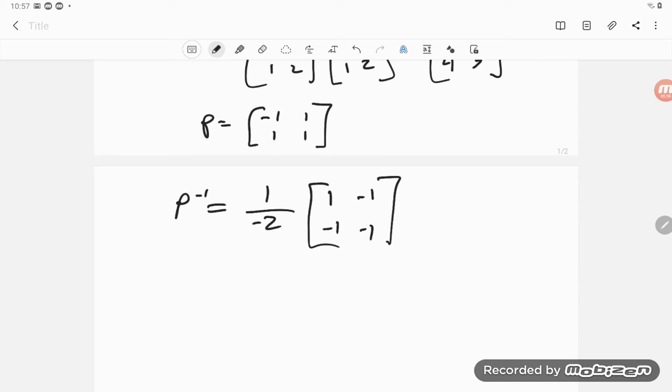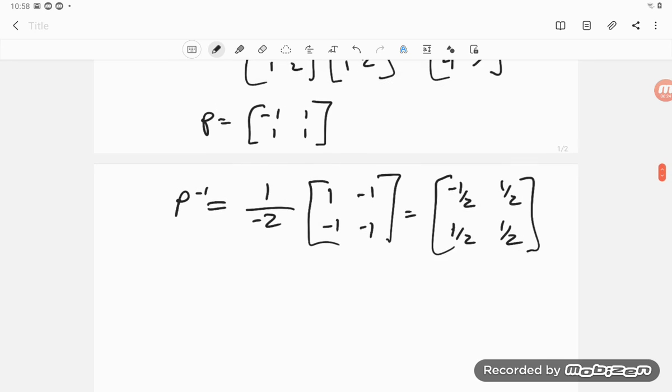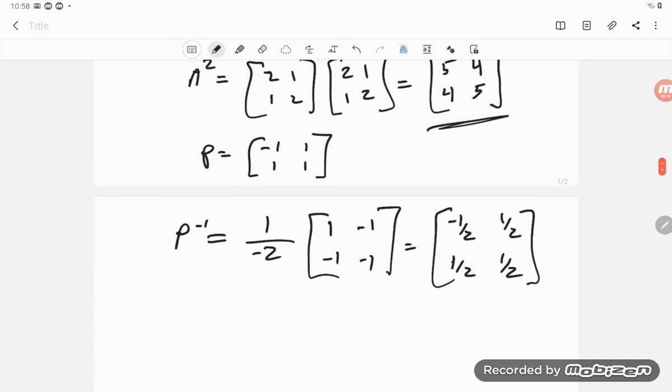So P inverse is minus 1/2, 1/2, 1/2, 1/2. And if we check that out, it does indeed give us the identity when we multiply P inverse times P. Okay, so we have that for A squared.